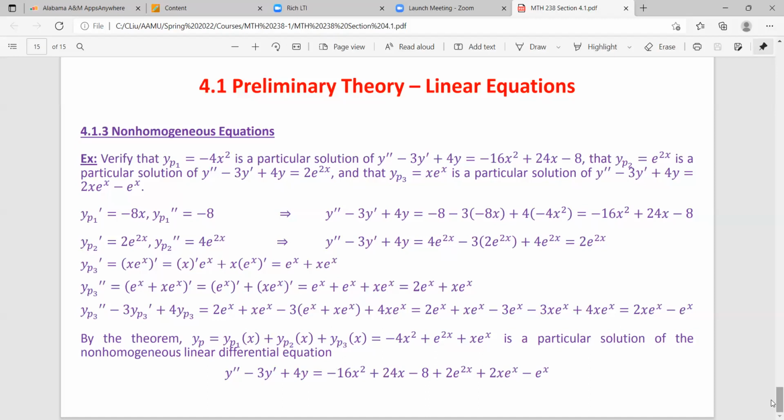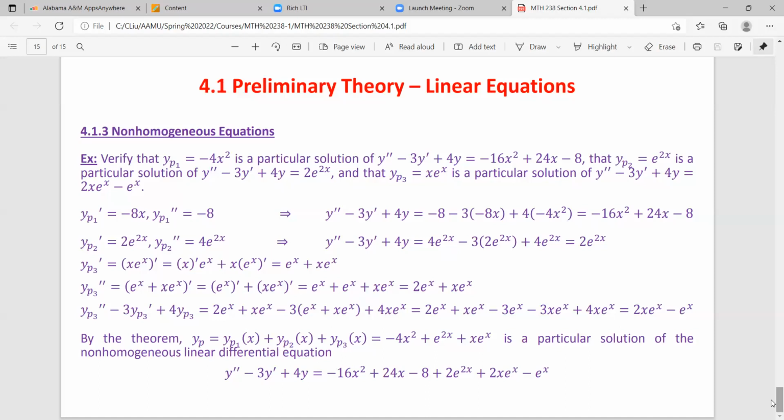You're going to get 4e to 2x minus 3 times 2 times e to 2x plus 4 times e to 2x, and 3 times 2 is 6. So if we combine the 3 terms, you're going to get 2 times e to 2x, which is exactly the right-hand side of the second equation. So that means YP2 is a particular solution to the differential equation.